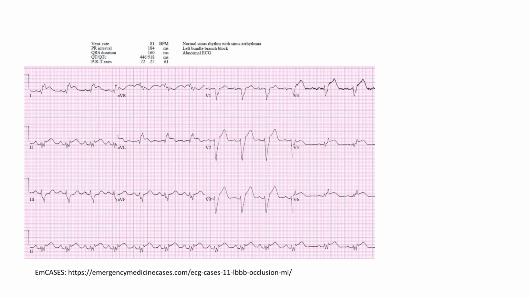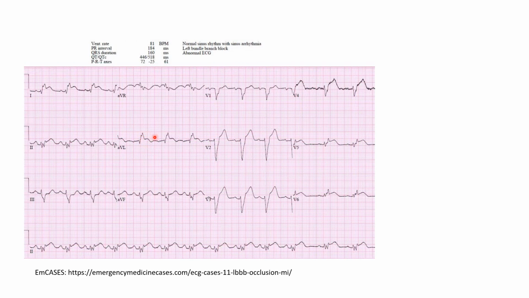Then you have the second criterion, which is concordant. And here comes the concept of concordant and discordant. Concordant means that in the same direction as the QRS complex, there's an ST elevation. So this is what we see, for instance, here, here as well, and maybe here as well.